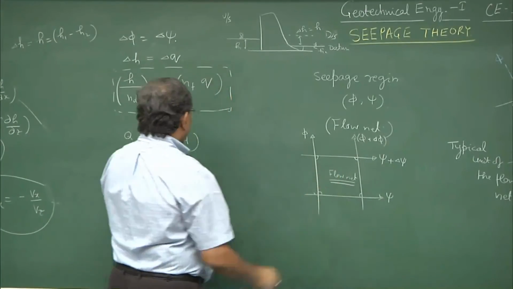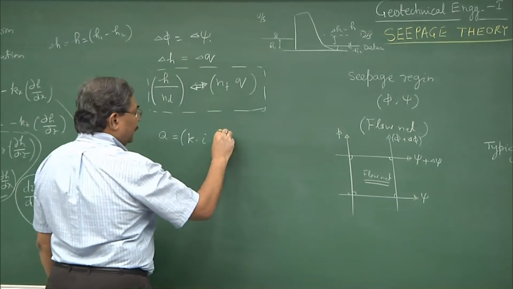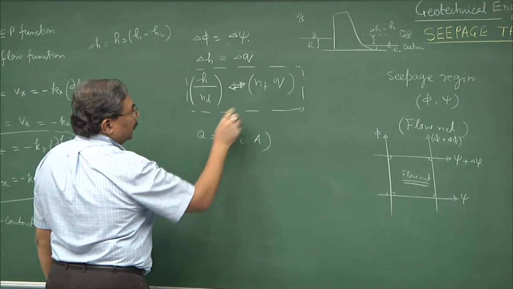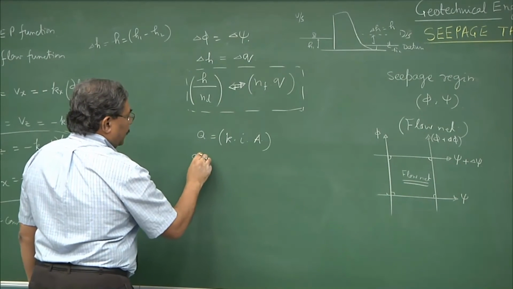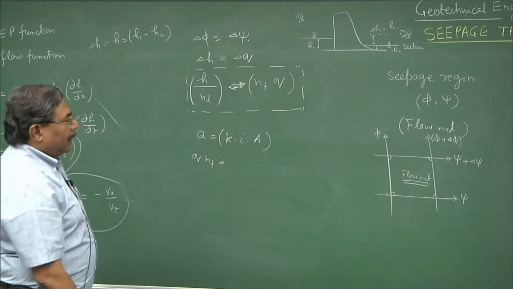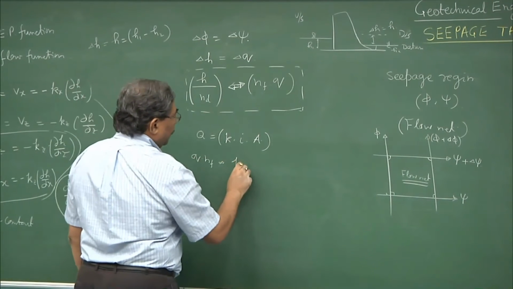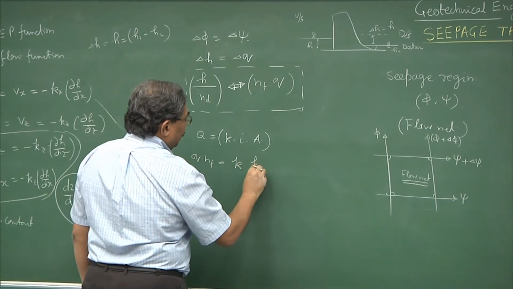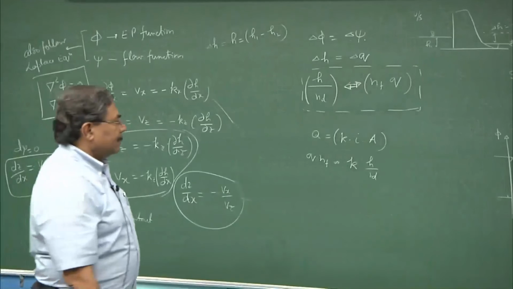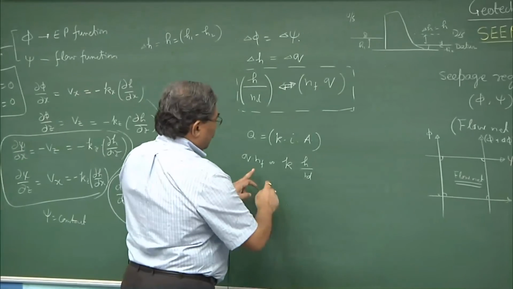Clear? So, that means A will become 1, and then this Q is nothing but Q into NF, and then K into I, H upon ND. Is this okay?